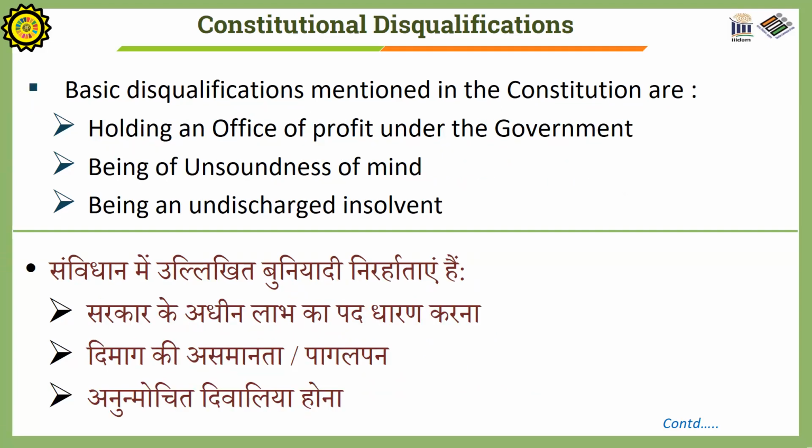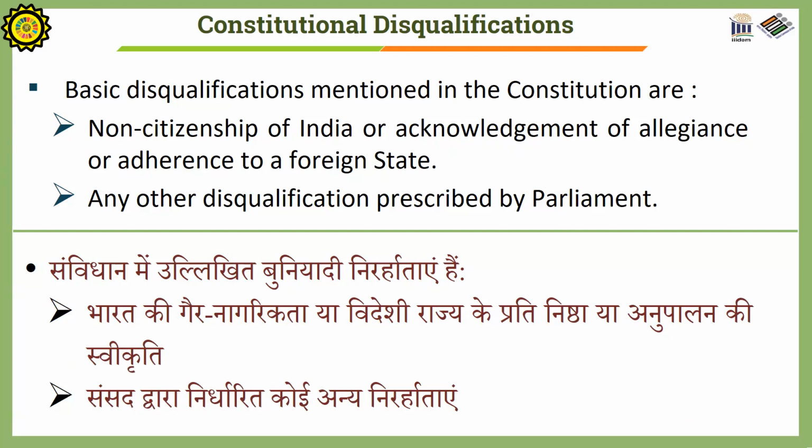These are holding an office of profit under the government, being of unsound mind, being an undischarged insolvent, non-citizenship of India or acknowledgement of allegiance or adherence to a foreign state, and any other disqualification prescribed by the Parliament.